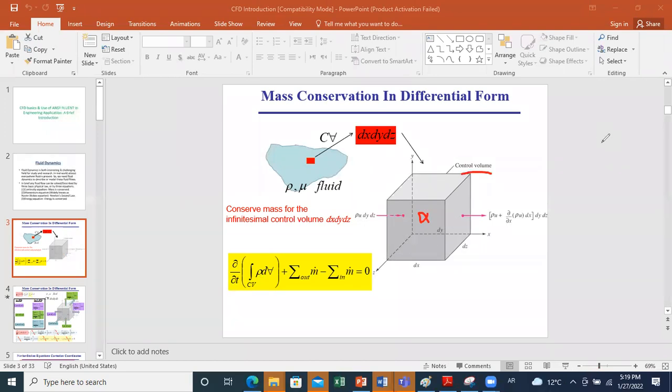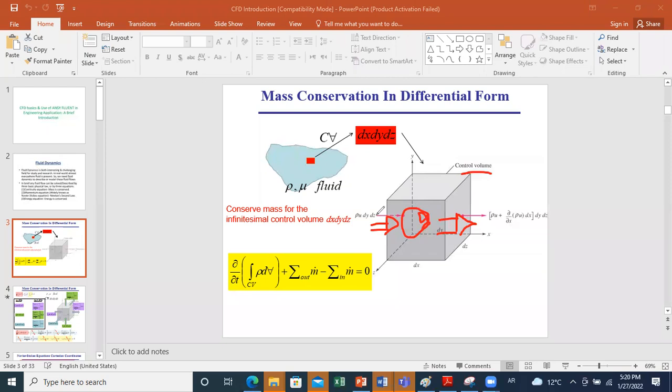If the total inlet rate is larger than the outlet mass flow rate, I will have accumulation of mass in my control volume. If they are equal, if m dot in equals m dot out, then I have no accumulation, the mass in the control volume will remain constant, and what is coming in should go out. So this is a steady case. And I can have, on the other hand, reduction of mass within the control volume if m dot out is larger than m dot in.